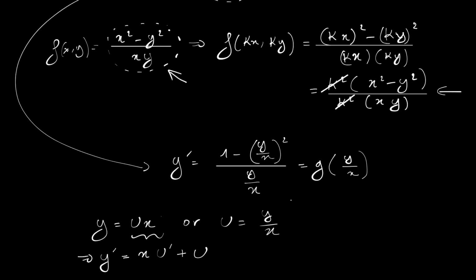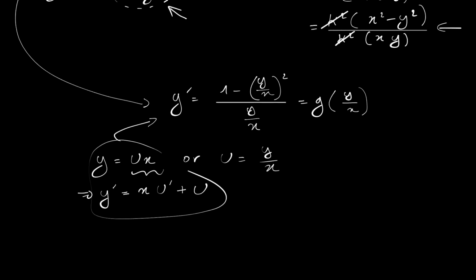By plugging this in our equation, we transform it into a separable variable equation that we already know how to solve. First, we write it in terms of u and x. Y prime is replaced by x u prime plus u, and the ratio y over x is replaced by u.